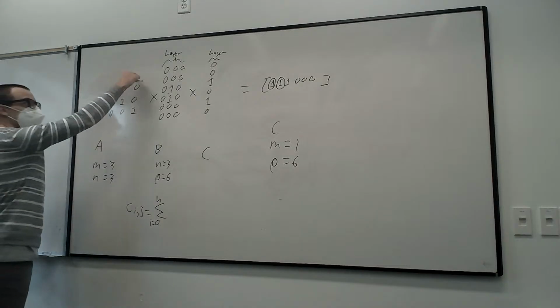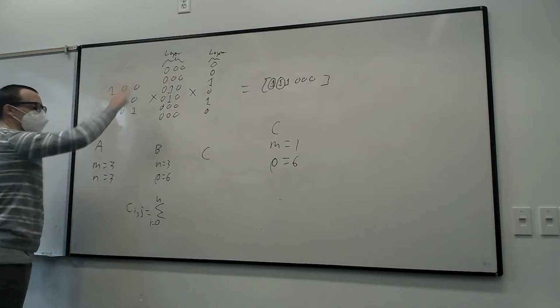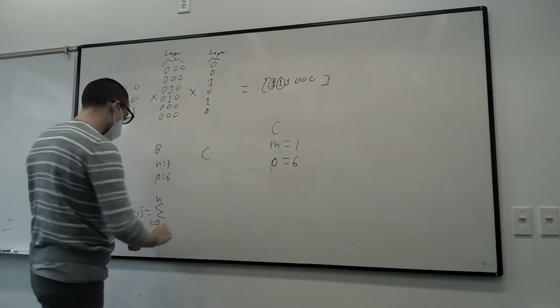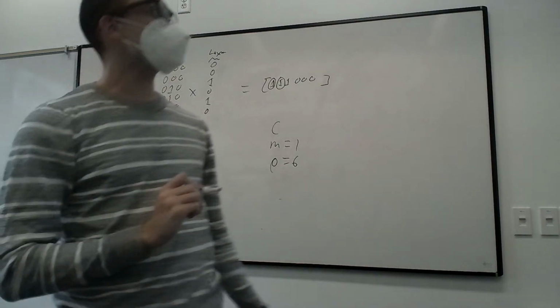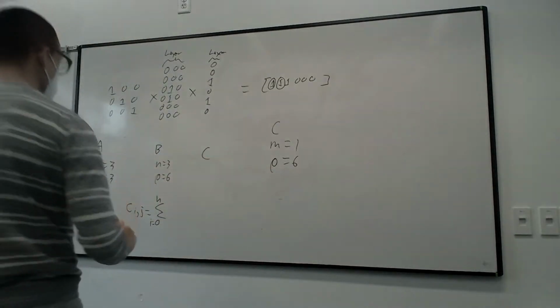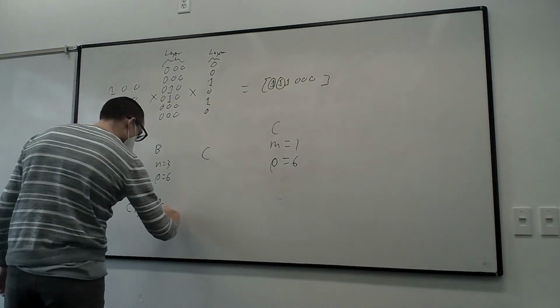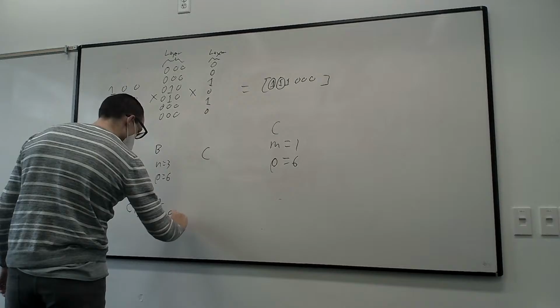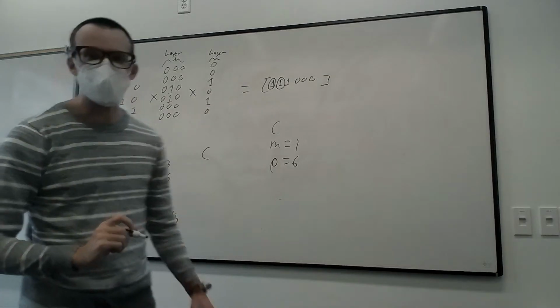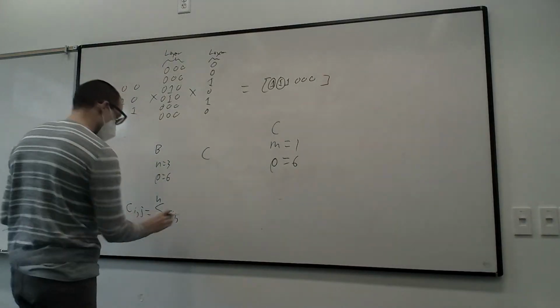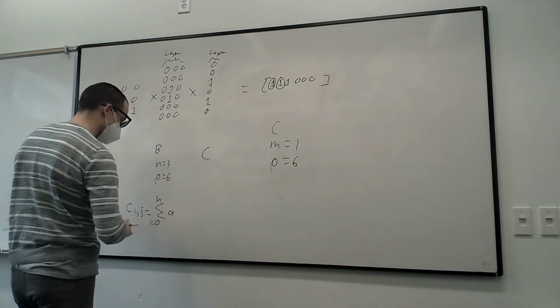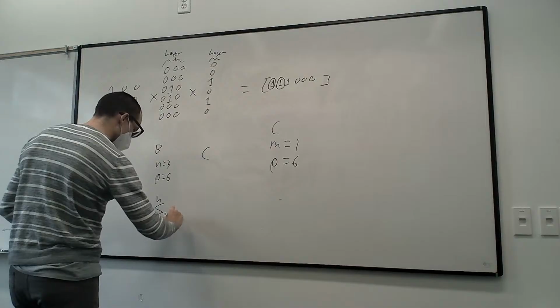Because I'm going to do it for each one of the things that lines up. And I'm going to take, I think it's a1i, right? Yes, a1i. Shoot, I can't see it. ai1 bi1j. Or just b1j.